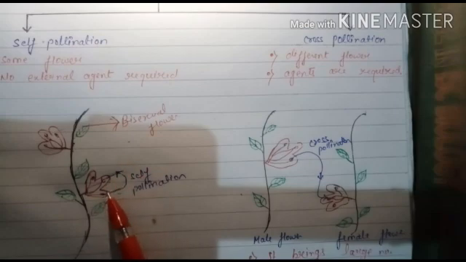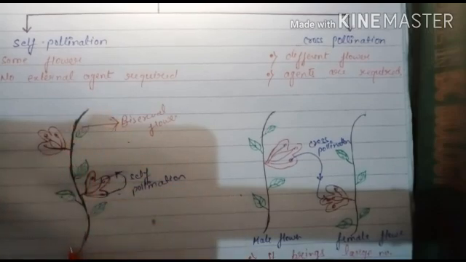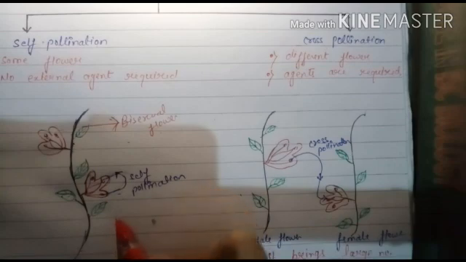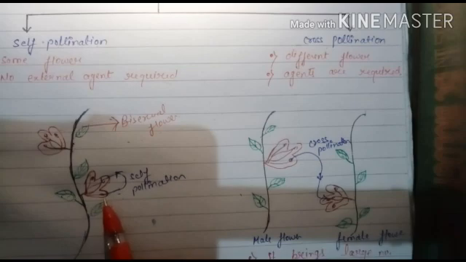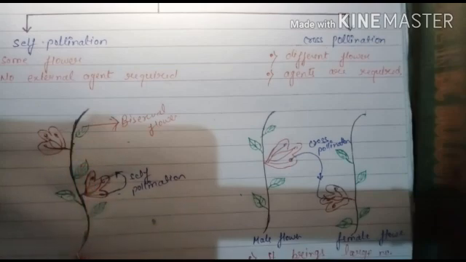In self pollination, when the pollen grains from the anther are transferred to the stigma of the same flower, or to the stigma of another flower present on the same plant, that is known as self pollination. Again I am repeating: pollen grains present in the anther are transferred to the stigma in the same flower, or to the stigma of another flower on the same plant, that is self pollination.